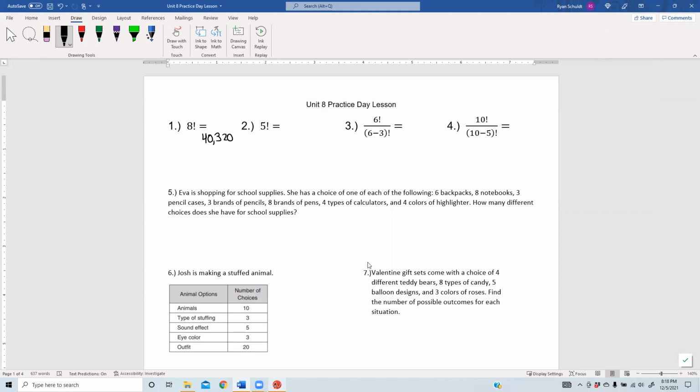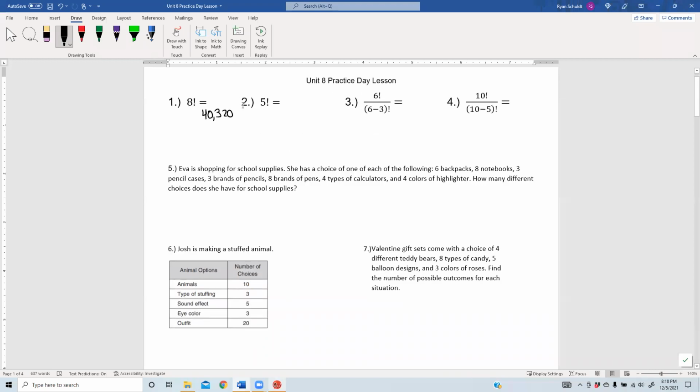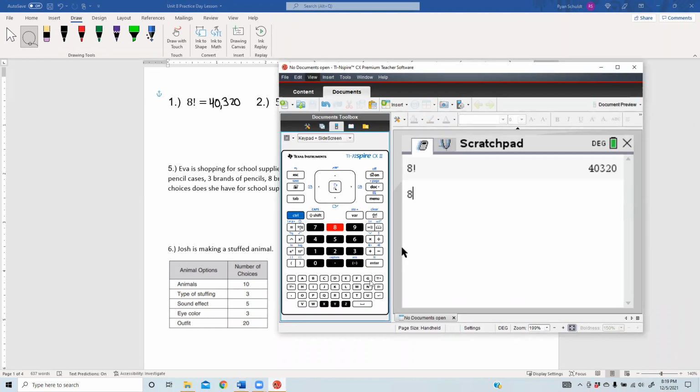Certainly one way to do this. Now, another way that you could do this is, instead of having to go to menu 5.1, you could have hit 8 and then right beside the G on the keyboard, there's a key that has a question mark, an exclamation point, etc. You can hit that, get the exclamation point, and then boom, you still get the same answer.